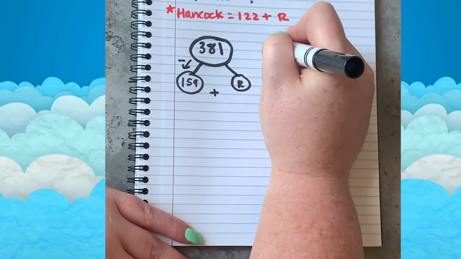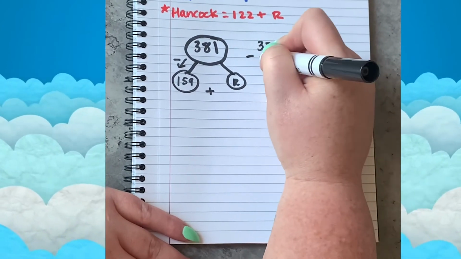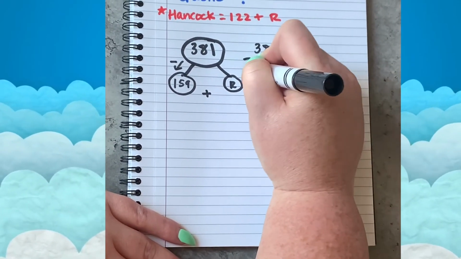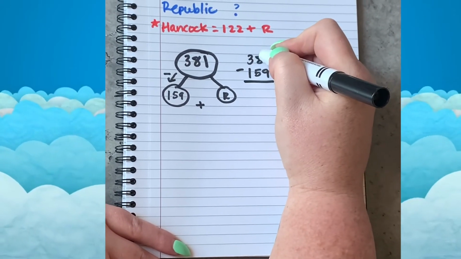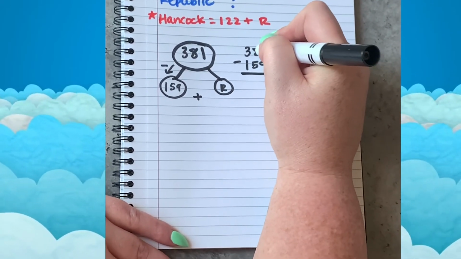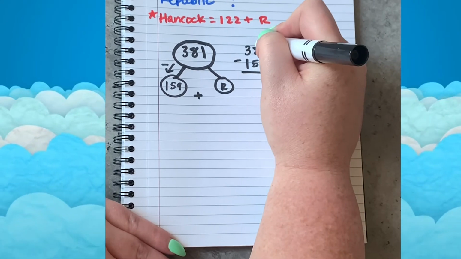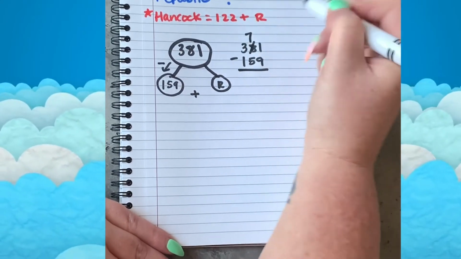So if I take 381 and I subtract 159, I'm going to have to borrow from the tens place. 8 tens, if I borrow 1, it's going to be 7 tens.